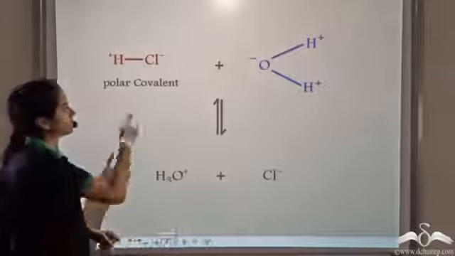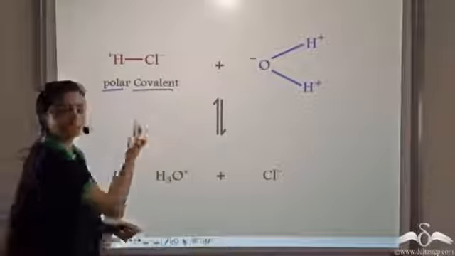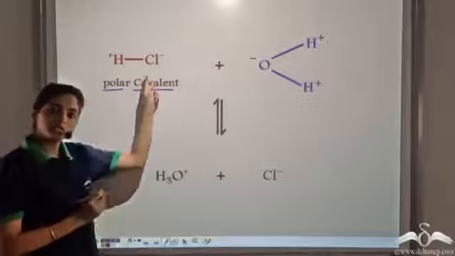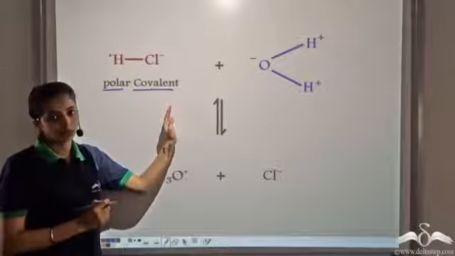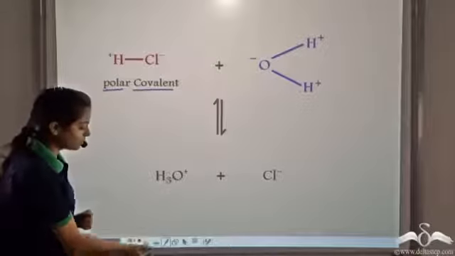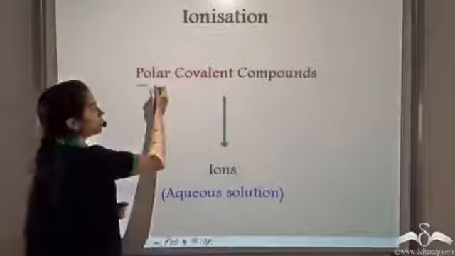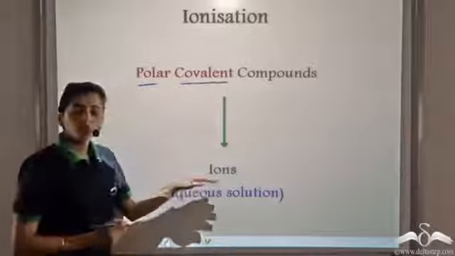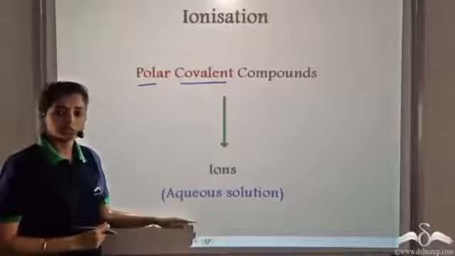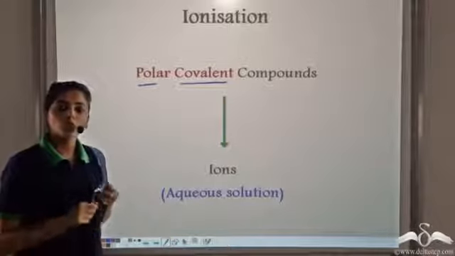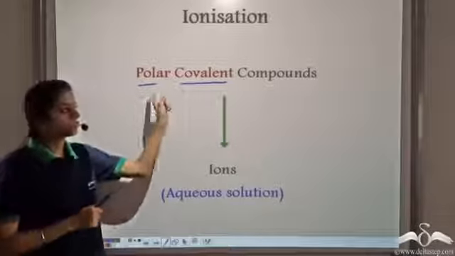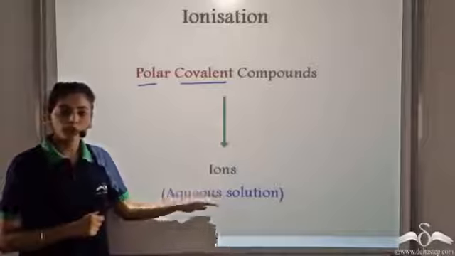So we see that in the case of polar covalent compounds, there is separation of charges. So on adding water, the two ions separate out. So for covalent compounds, only polar covalent compounds form ions in the aqueous state. They do not form ions in the molten state. Only in the aqueous state do polar covalent compounds form ions.